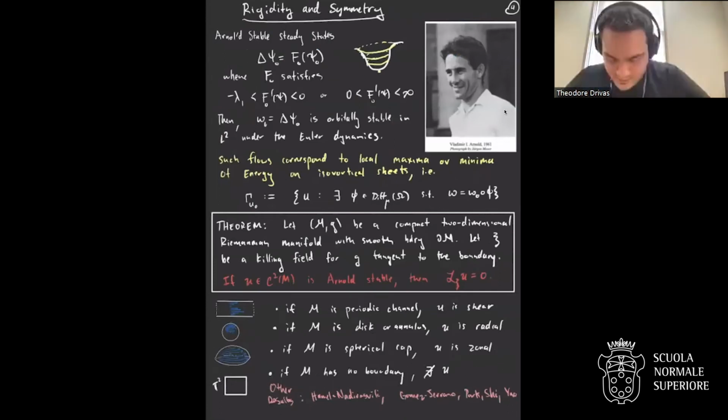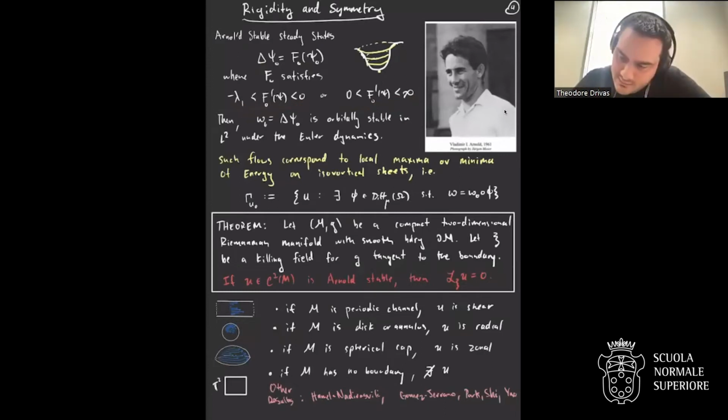Now, I'll address this question first for stable, in a certain sense, steady solutions. So they'll take, again, this form, that there's a global f relating vorticity to stream, but this f will satisfy one of two conditions. Its derivative is either between the negative first eigenvalue of Laplacian on that domain and negative, or it's positive.